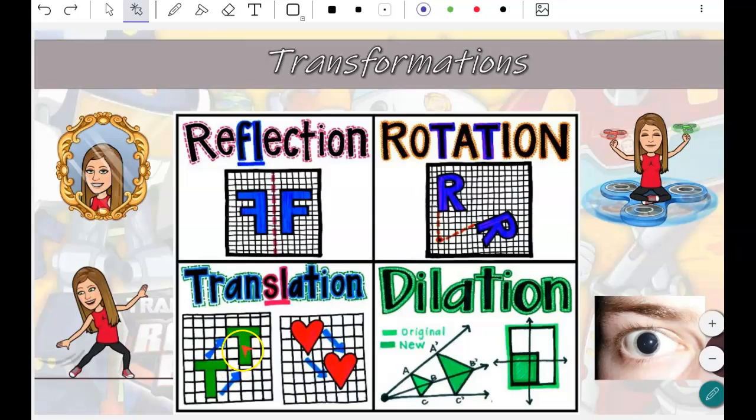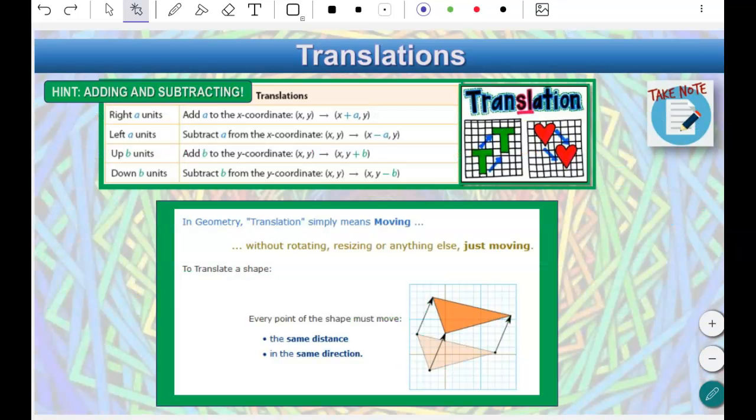It can go up, down, right, left, and the SL in that word helps you remember that it is a slide. Now, on both of these types of transformations, the object does not change its size or shape. It's just either reflected or moved. So same size and shape, just translated or reflected.